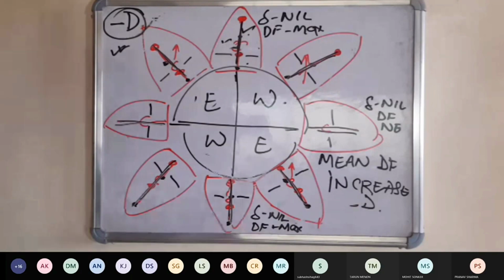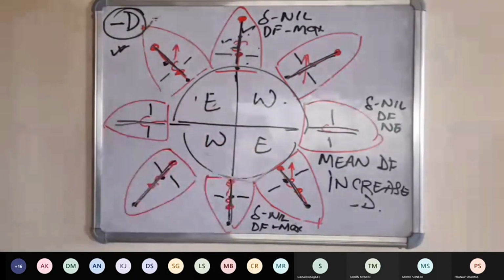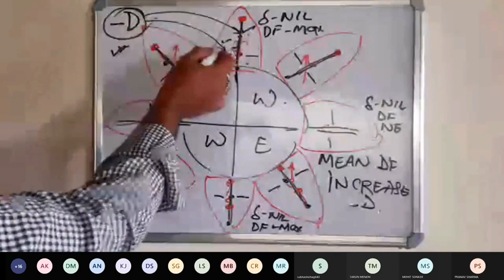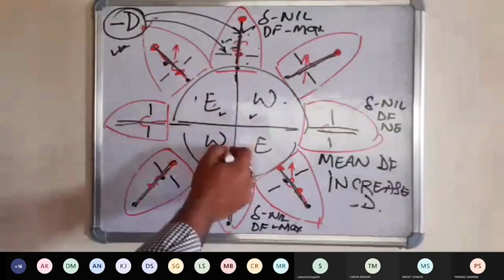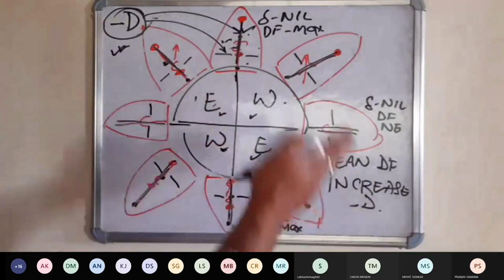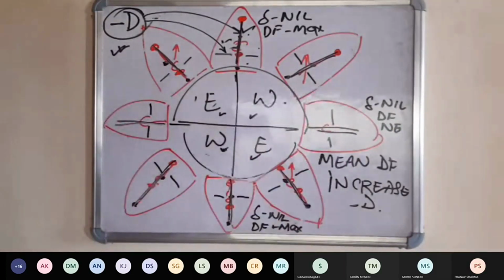Remember the notes yesterday that we had seen that the situation changes in case of this. In both the cases of this rod and this rod, the deviations will be like this only, but the mean DF in one condition will be increased, in another condition it will be reduced.